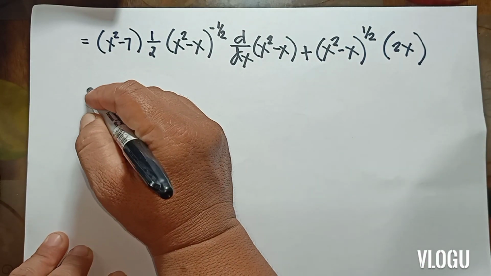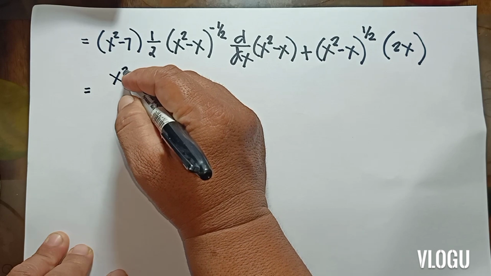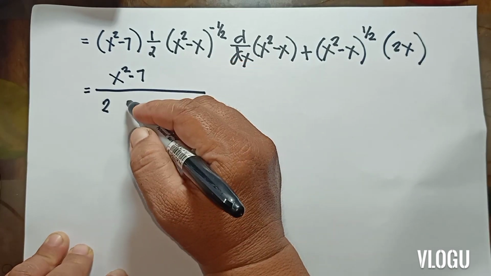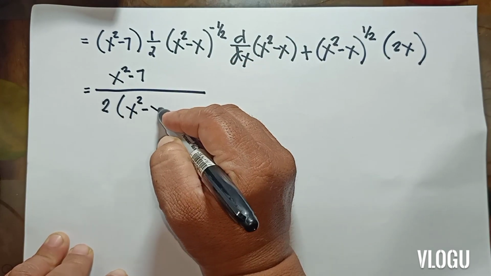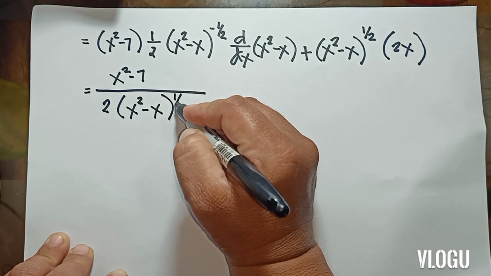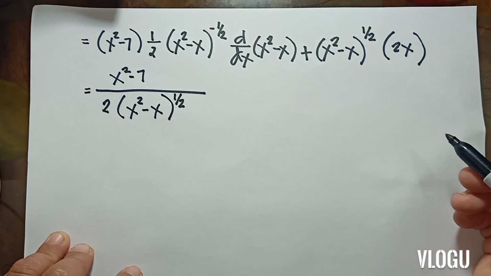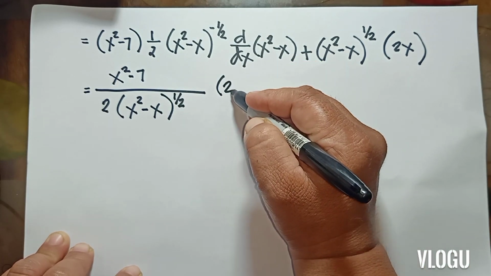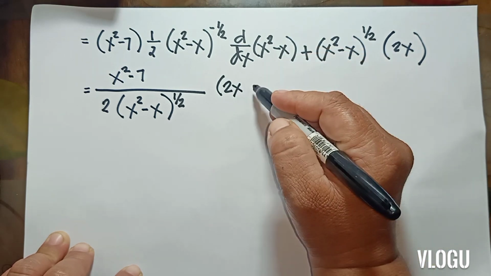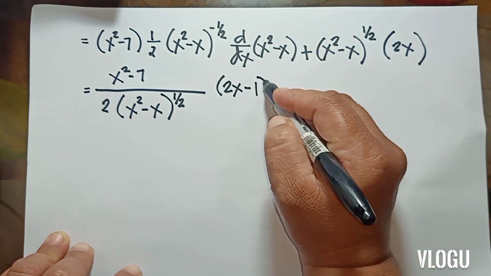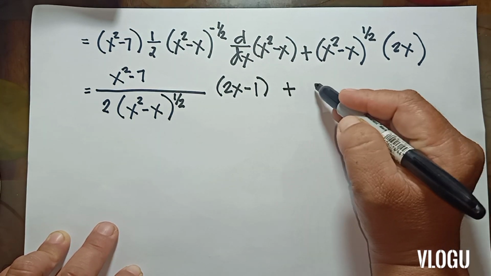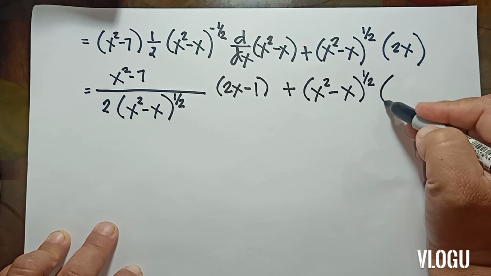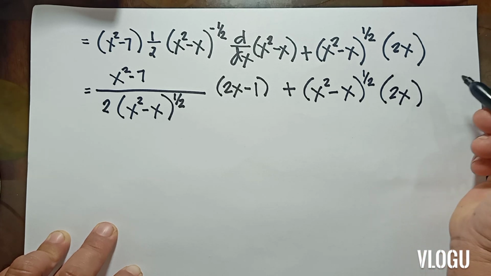So we have here x squared minus 7 over 2. Okay. We have x squared minus x raised to positive 1/2. Then we have derivative of x squared, that is 2x, derivative of negative x, that is negative 1. Okay. Plus x squared minus x raised to 1/2 times 2x.